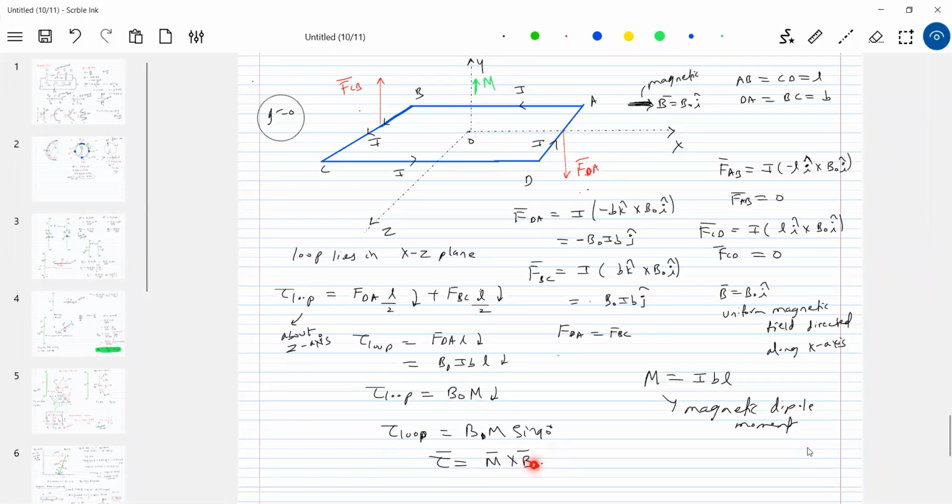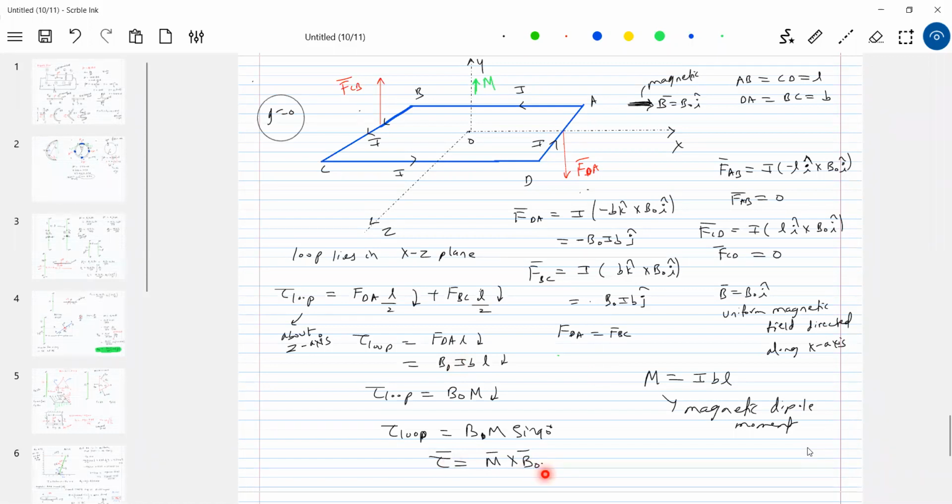If a current carrying loop is kept in a magnetic field, the torque experienced by it is given by this formula: torque equal to M bar cross B bar. So this is the torque due to dipole moment acting on a current carrying loop. Instead of constructing like this, directly take help of this formula. Check M bar.